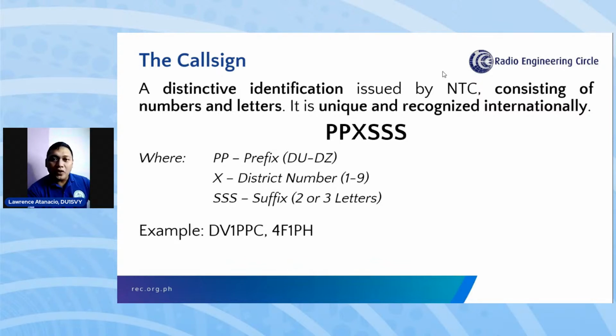Yung suffix naman po, pwede pong dalawang letra or tatlong letra. Pero kapag kayo po ay pumasa ng Class C, ang i-issue po sa inyong letters or suffix ay tatlo po. Example po natin na DB1PPC or Papa Charlie. So yan po, Class B po yan.